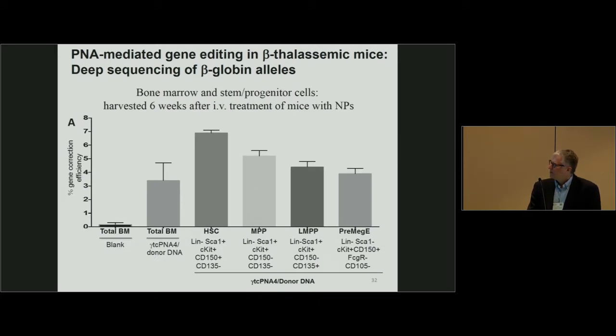When we broke it down by lineage, and this is with advice from people who are aficionados of hematopoietic progenitor cells, we saw a slightly increased frequency of editing in putative hematopoietic stem cells demarcated by the markers you see listed there, up to a frequency of about 7%. So this was after the 4 intravenous treatments of the mice.